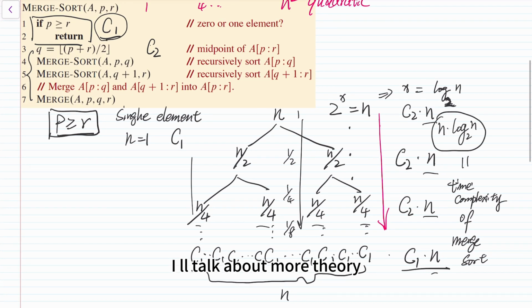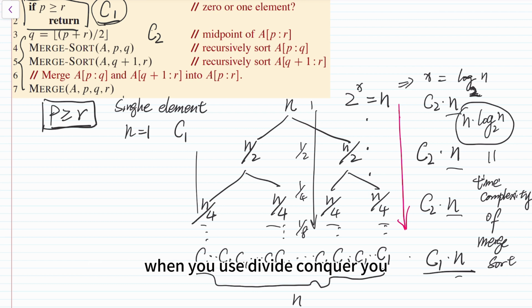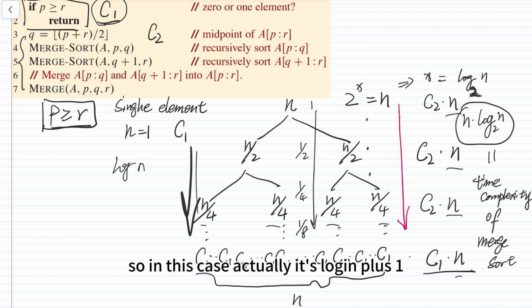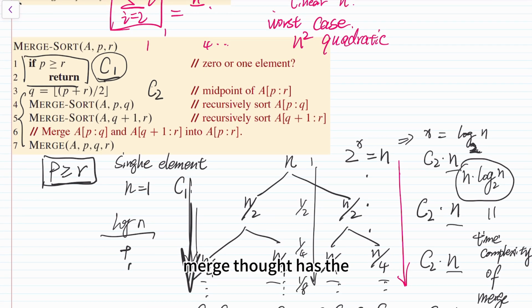I'll talk more about the theorem of how we get this, but the general idea is when you use divide and conquer, you usually construct a tree-like structure, and for a tree-like structure, usually it is log n time. In this case, actually it's log n plus 1. This one is another level, and this part is log n times. And then we get that the merge sort algorithm has the time complexity of n log n, right?